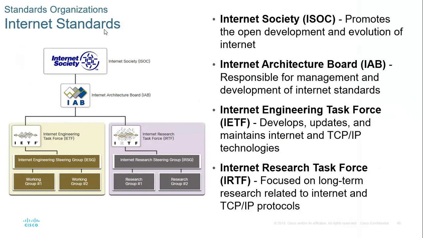Internet standards organizations: the Internet Society, ISOC, the Internet Architecture Board, IAB, the Internet Engineering Task Force, IETF, and the Internet Research Task Force, IRTF. IETF consists of the IESG, Working Group 1, Working Group 2, then Research Group 1, Research Group 2.